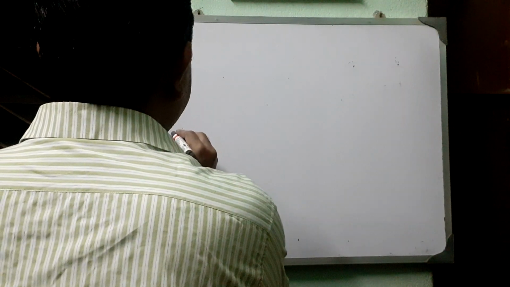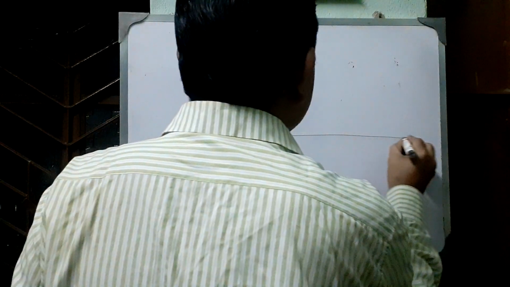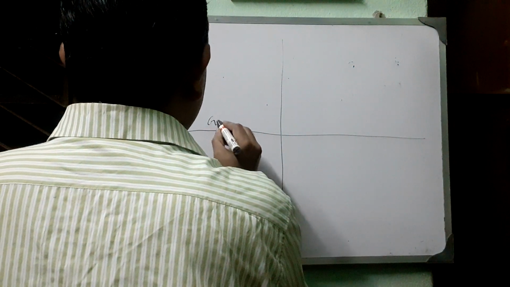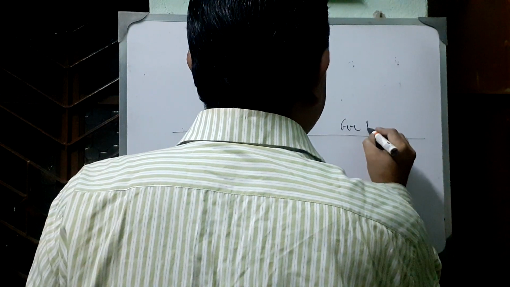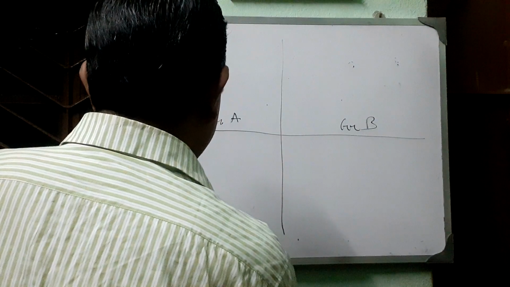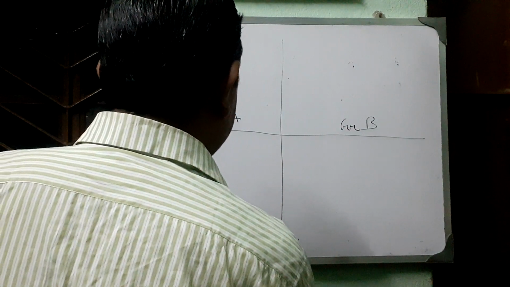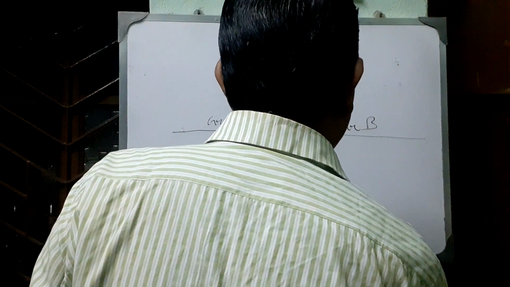Now, how A antigen and B antigen will be present, I am showing by a diagram. This is group A, this is group B, this is group AB, this is group O.